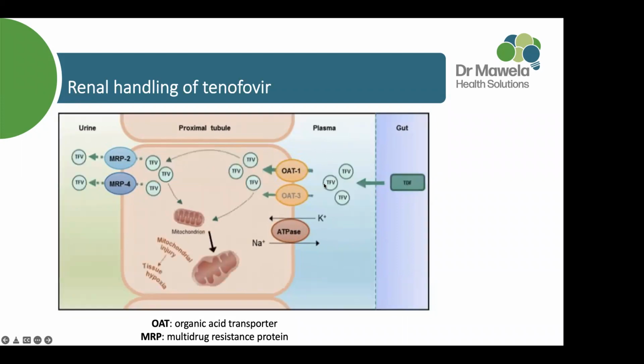Let me see the next slide. Yes, if you compare tenofovir, you'll see that most of the tenofovir is converted to the active drug in the plasma. You get higher drug concentrations in the plasma, leading to higher concentrations of the active drug, which then potentiates the injury, right?